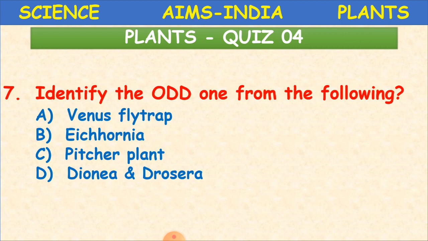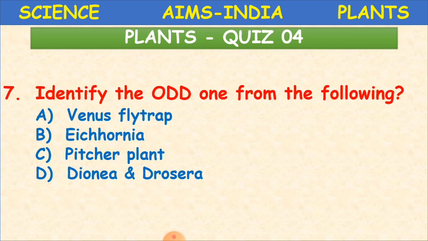Identify the odd one from the following. The first one is Venus flytrap. B is Eichhornia. C is pitcher plant. D is Dionaea and Drosera. So if you see, children, you are having two types of plants here. One is insectivorous plants, another one is floating aquatic plant.